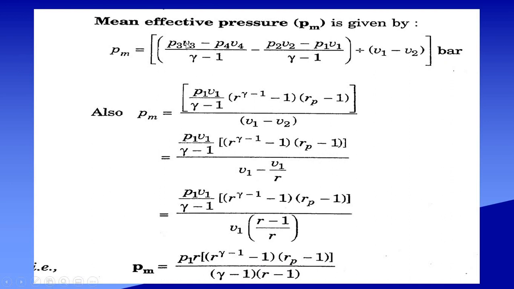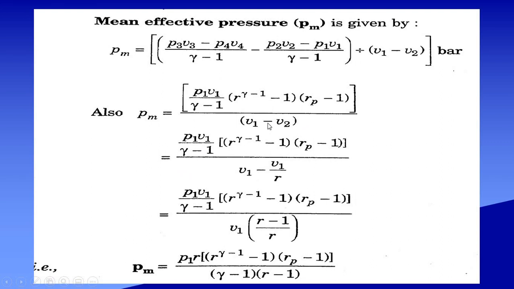So Pm is equal to, the formula for this is P1 V1 by gamma minus 1 into R power gamma minus 1 into Rp minus 1 divided by V1 minus V2. So this gamma minus 1 you can change to the denominator side.